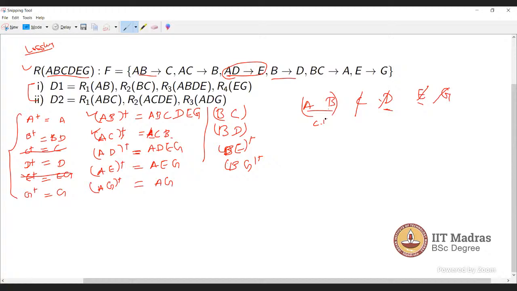Now we will check whether the attributes in the candidate key are present on the right hand side or not. Yes, A is present on the right hand side and B is also present.